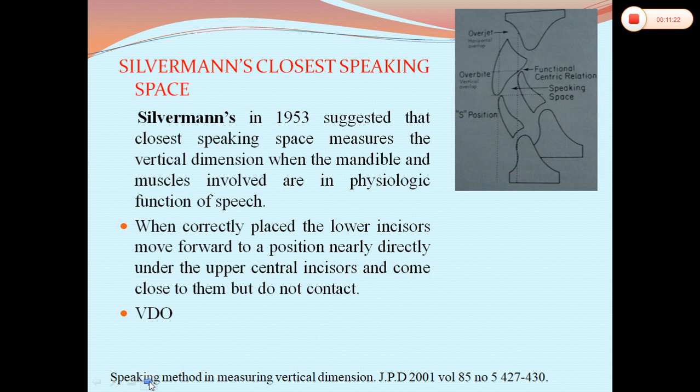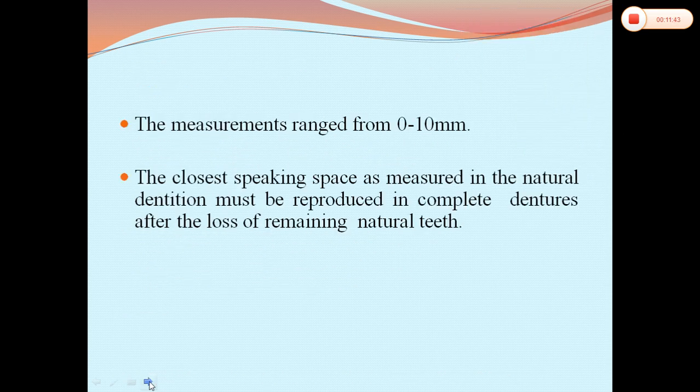When correctly placed, the lower incisors move forward to a position nearly directly under the upper central incisors and come close to them but do not contact. This is the vertical dimension at occlusion, as shown in the diagram. You can go to the diagram also. The measurement ranges from 0 to 10 mm.